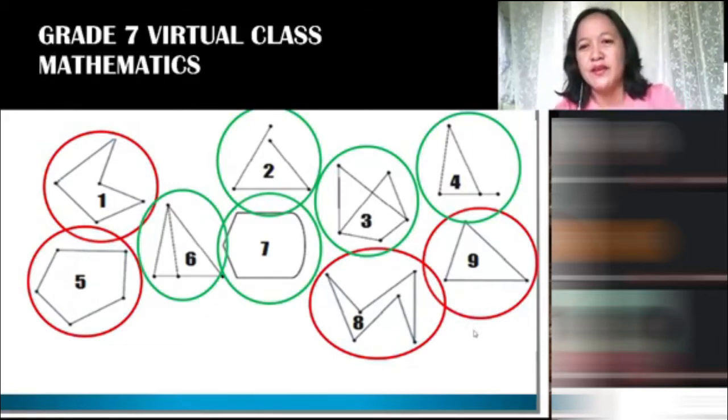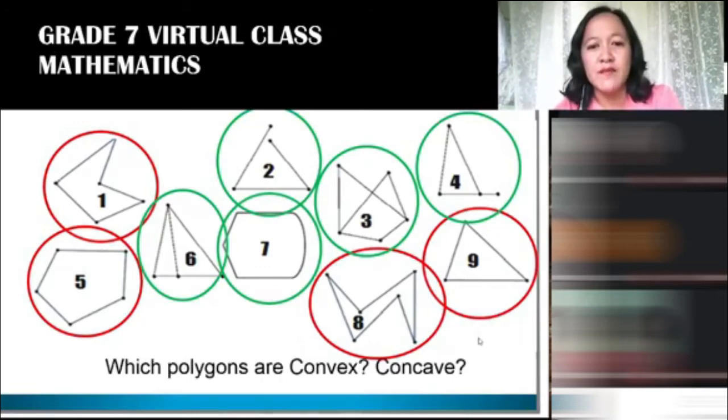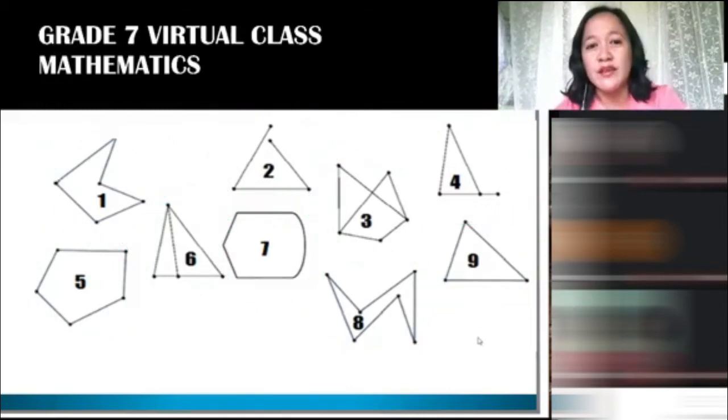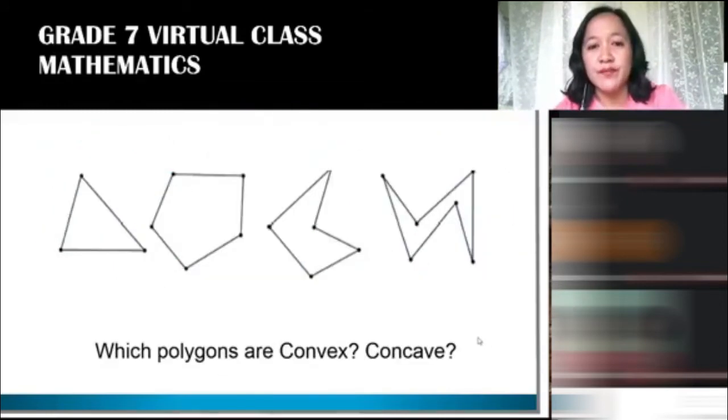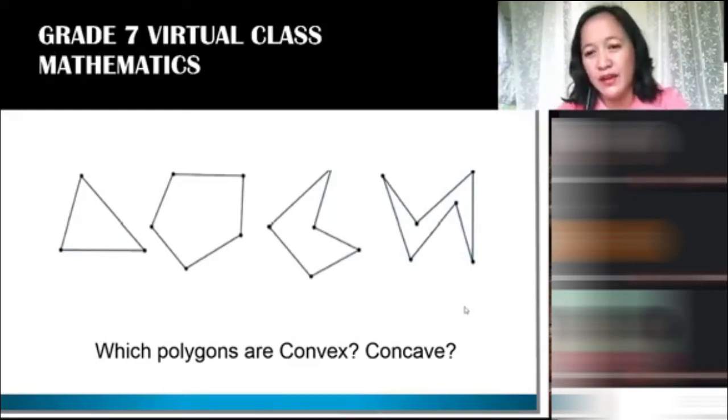So, very good. Now, among this given, let us identify which polygons are convex or concave. Since our polygons just includes these figures, which do you think of these 4 polygons are concave and convex?